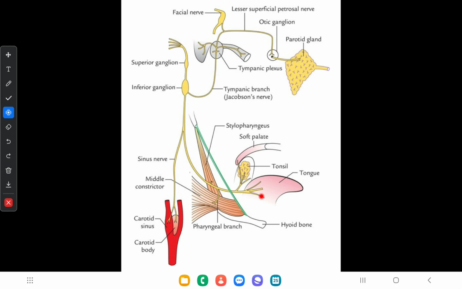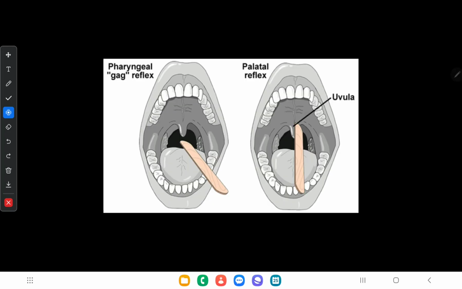So let's discuss what happens if there is a lesion, and somewhat about the gag reflex and what is glossopharyngeal neuralgia. The gag reflex is elicited by applying stimulus to the posterior pharyngeal wall or soft palate.